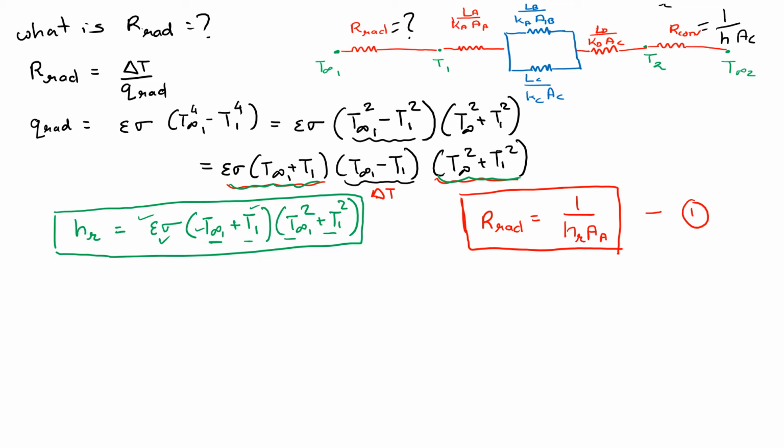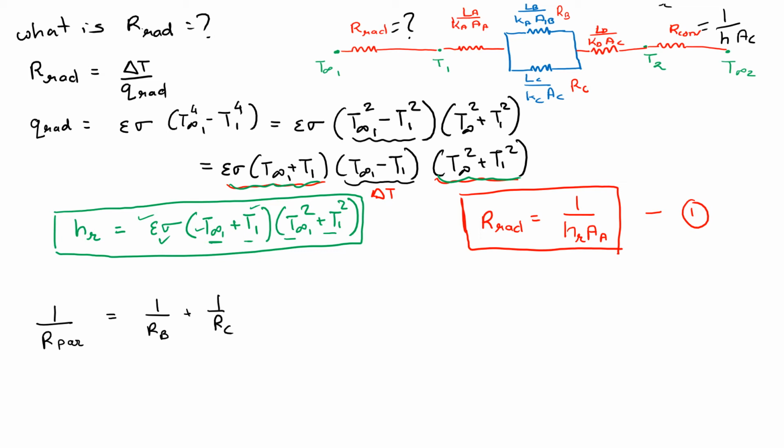Now we still have our RB and RC in parallel, so we need to find the equivalent resistance for that. Because RB and RC are in parallel, when you have two resistances in parallel the equivalent resistance is not a simple addition.